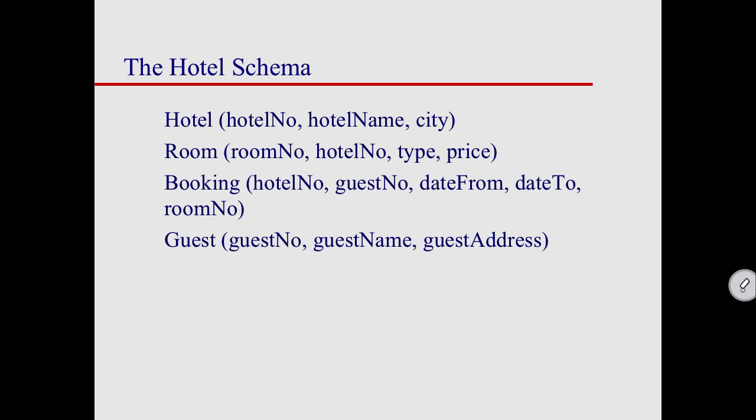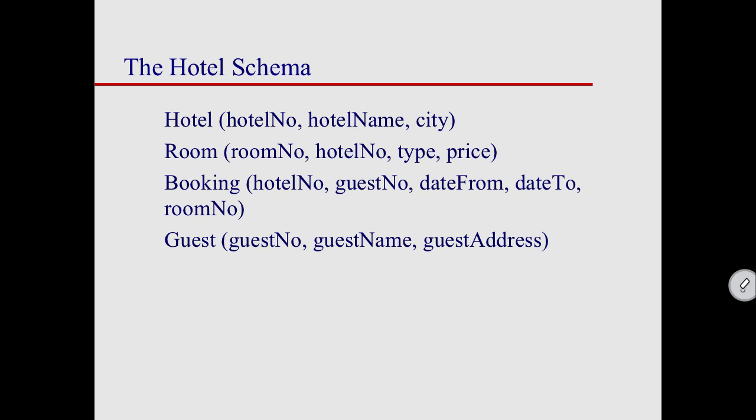I'm not going to allow a room to be multiply booked, meaning you can't have the same room occupied by two or more different people at overlapping times. So I'm not going to allow doubly booked rooms, and I'm not going to allow someone to have two reservations at the same time. They only get one reservation at each time.